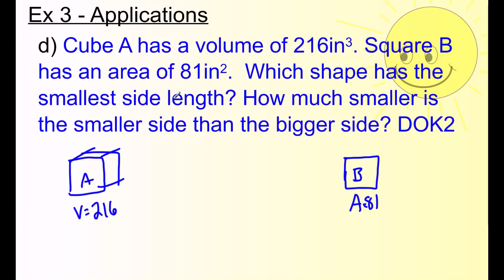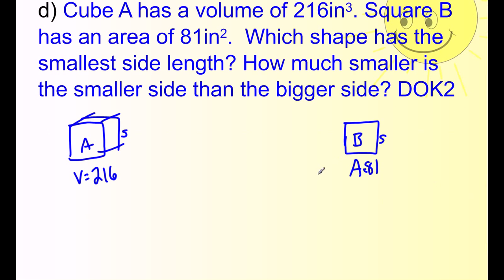Which shape has the smallest side length? So side length is here and here. I want to know which one has a smaller side. And then it says how much smaller is the smaller side than the bigger side. So for me to answer this question, the thing I've got to figure out is how big are the sides?